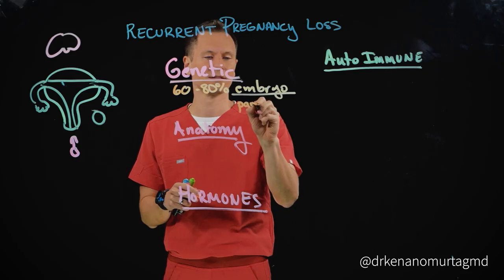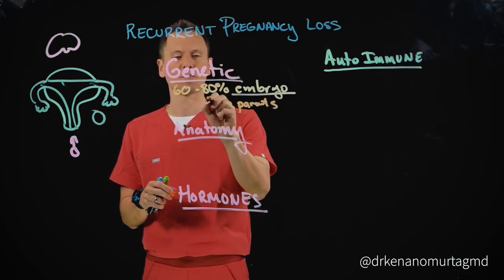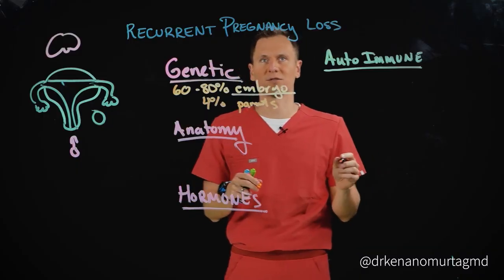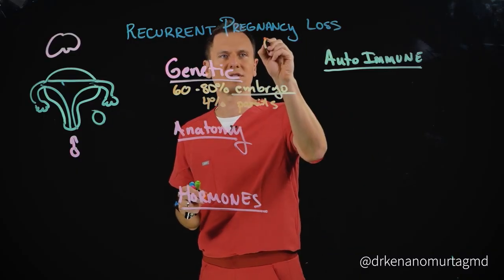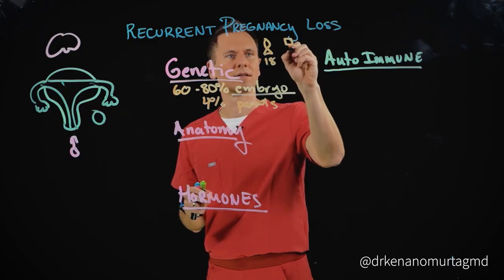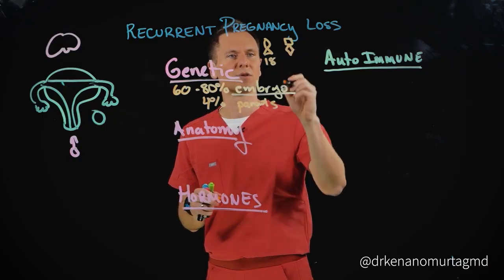The parents. 4% of the time, one of the parents will have a chromosomal rearrangement. If you took two chromosomes, let's say 18 and, let's do a diamond here, 21.